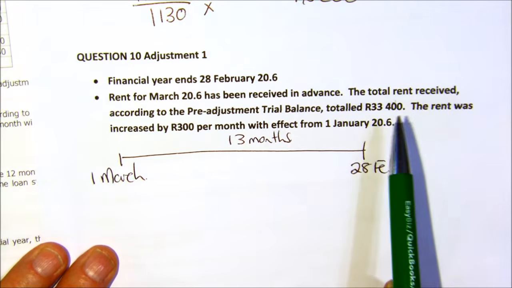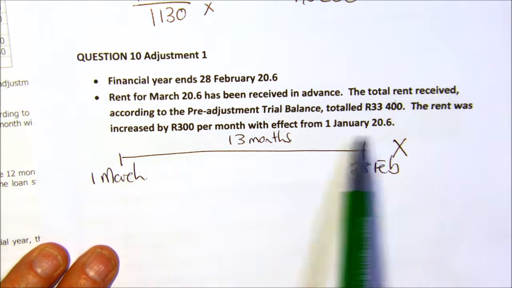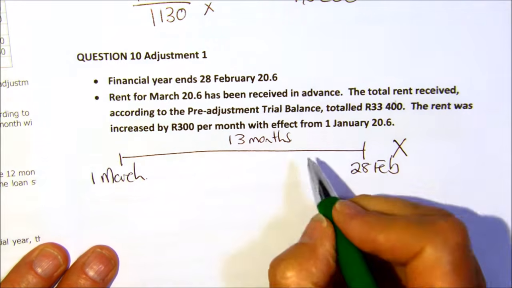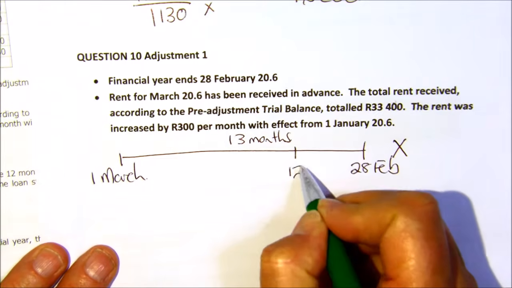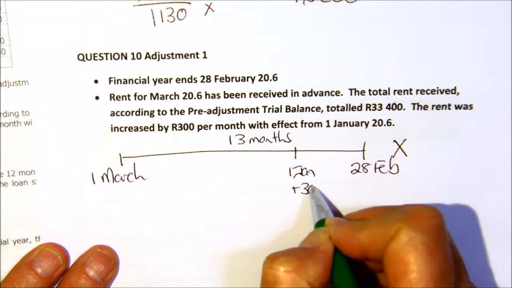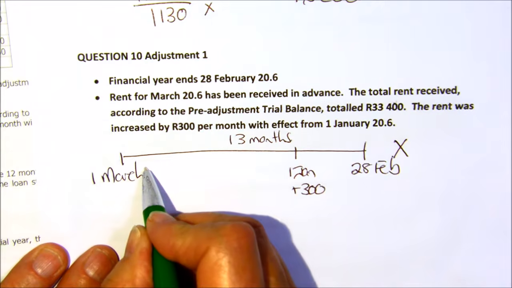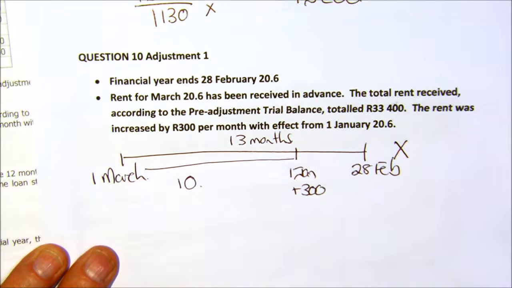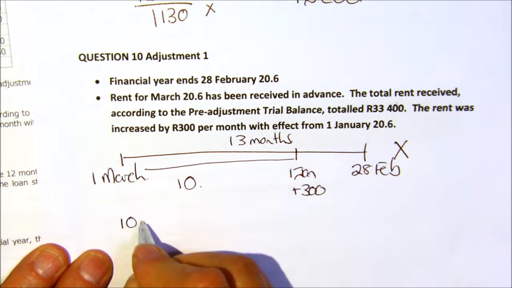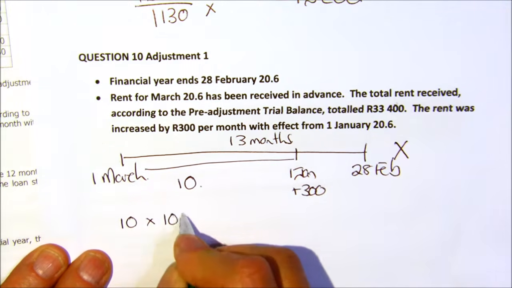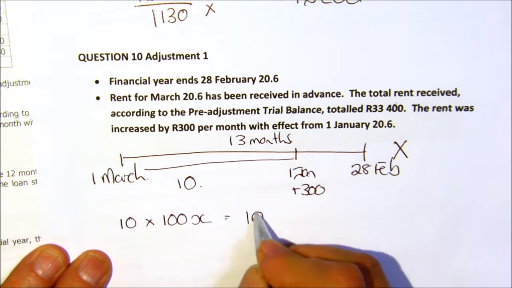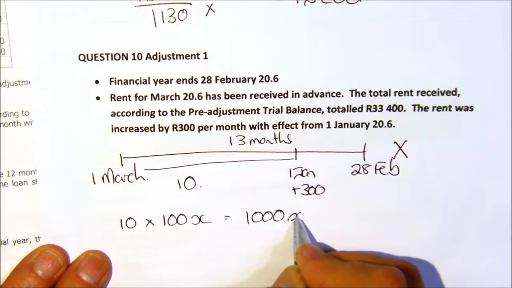Now again, we can't just divide by 13 because there was an increase of 300 Rand per month from the 1st of January. So from the 1st of January here, there was an increase of 300 Rand. So if we look at it over here, these 10 months were at the old. So again, I'm going to say 10 months times 100 X's, which gives me 1,000 X's.